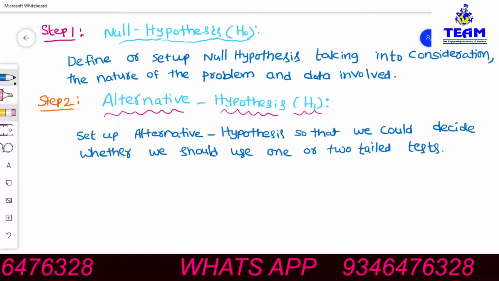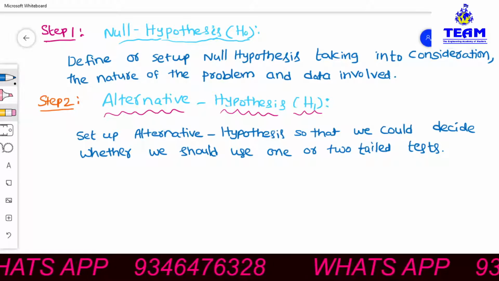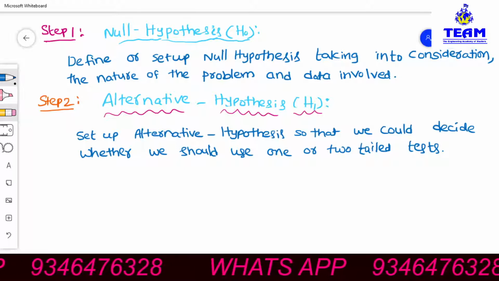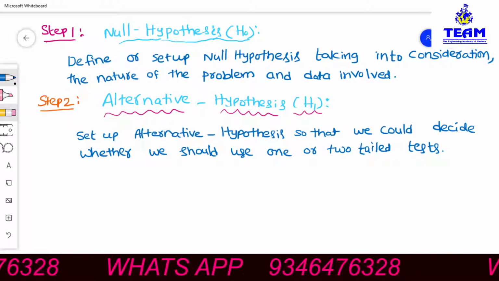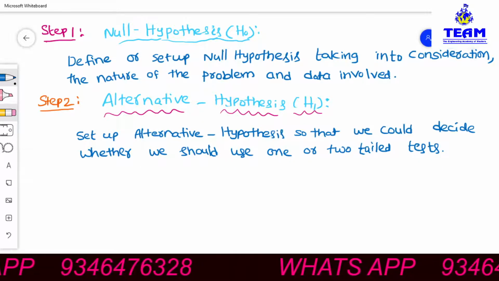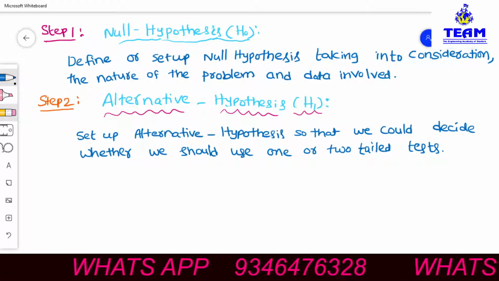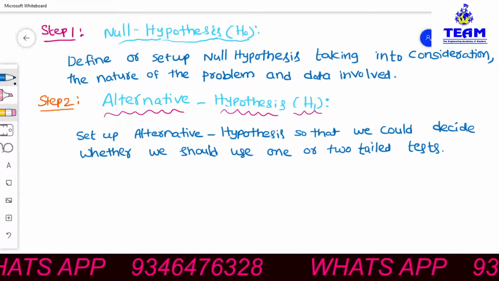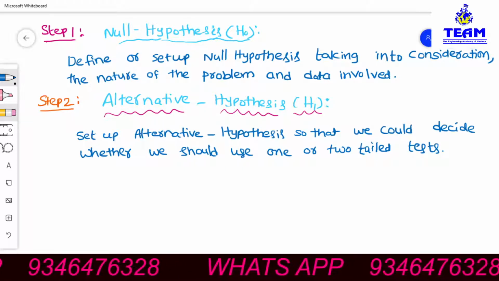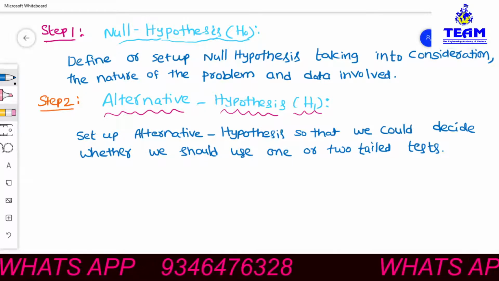Actually, the alternative hypothesis contradicts the null hypothesis, which means we are taking the opposite of the null hypothesis. That is, set up the alternative hypothesis so that we can decide whether we should use a one-tailed or two-tailed test.